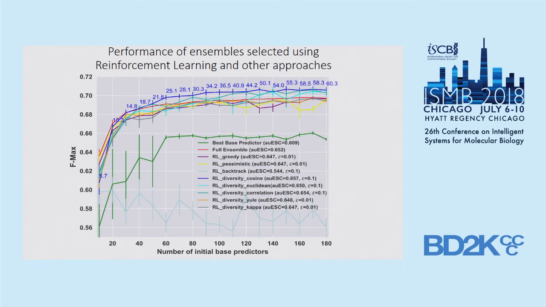So one of the strategies in particular is able to even surpass the predicted performance of a full ensemble, and to do so with about 1/3 of the models available to it.